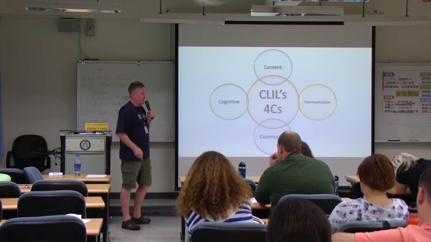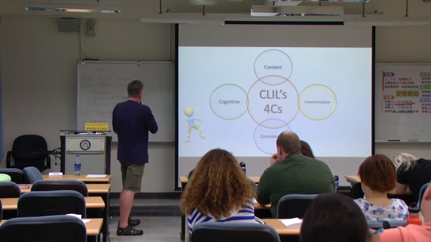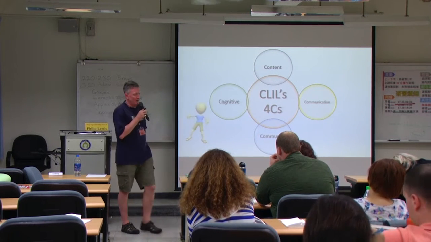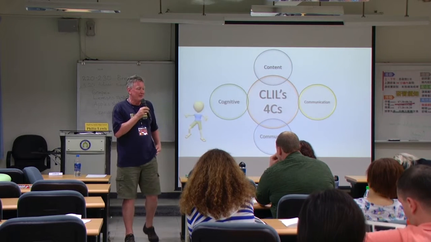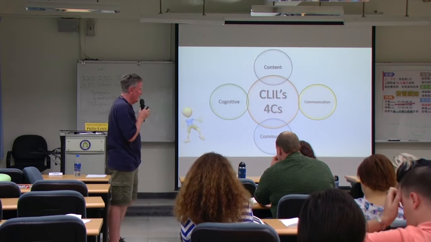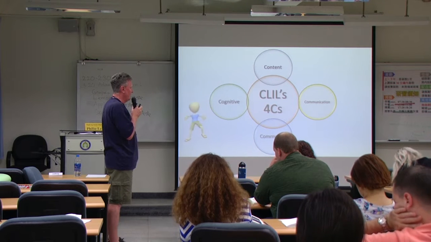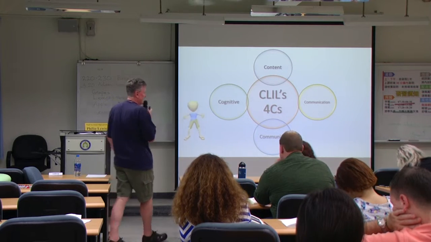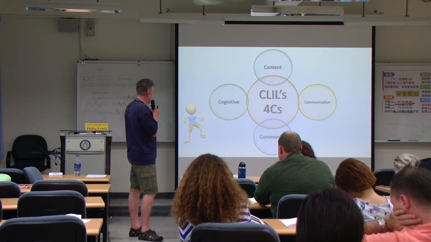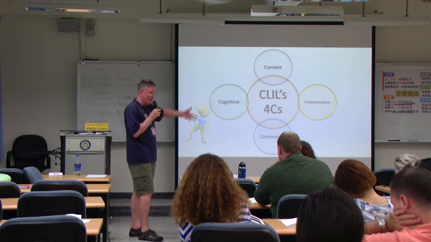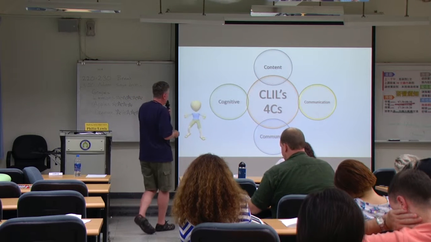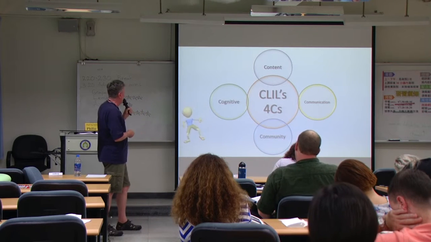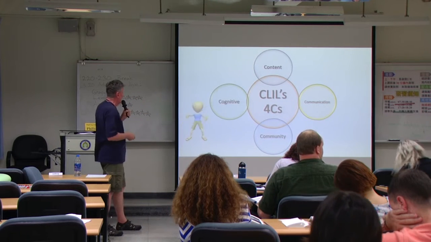And now cognitive, and this is actually the one that actually gets the students quite excited. And it's about the level of learning, because the student's level of learning will dictate how successful your lessons are going to be. And by that, it's about including higher order thinking skills, problem solving, critical thinking, all those kind of things which we're going to talk about now.